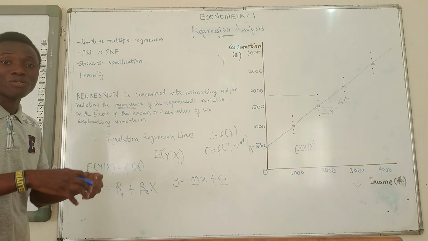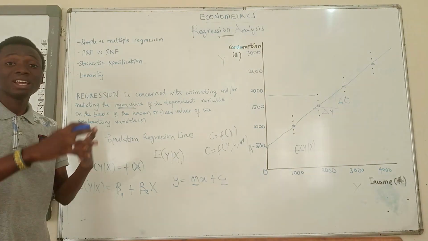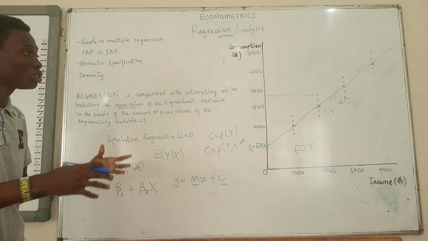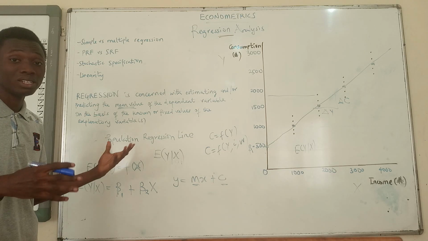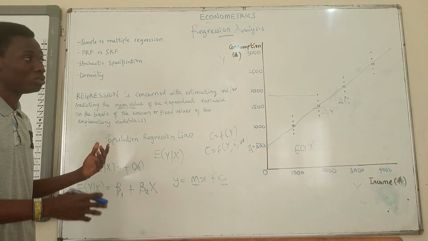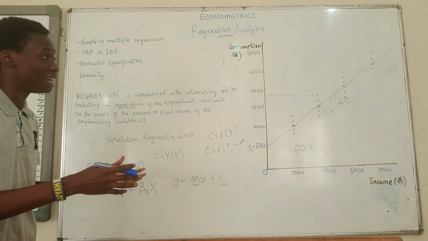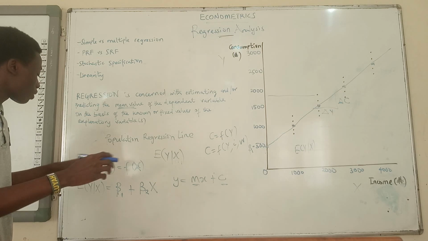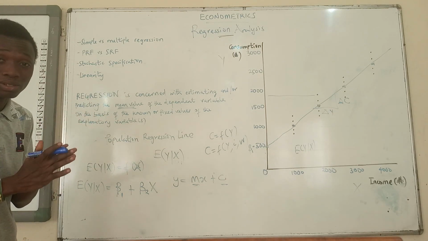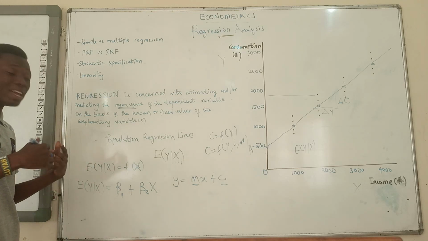Because we are not making use of every family in the population, whatever we have will just be a rough estimate. We could get different sample regression lines depending on the families we happen to select. So whatever we do using the sample, to estimate our sample regression function, they are all estimates.